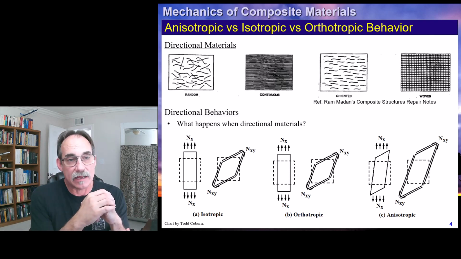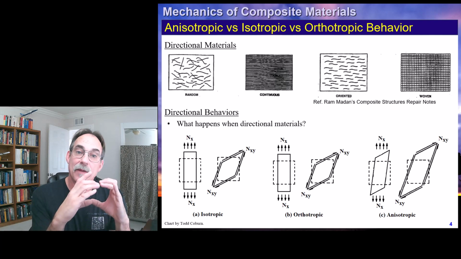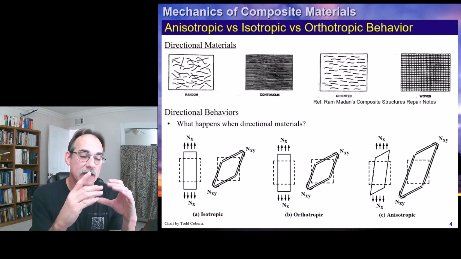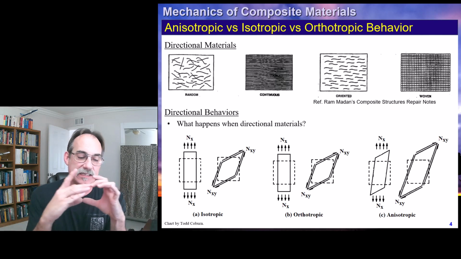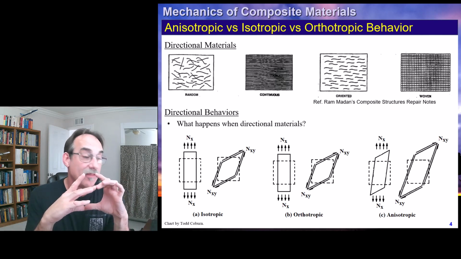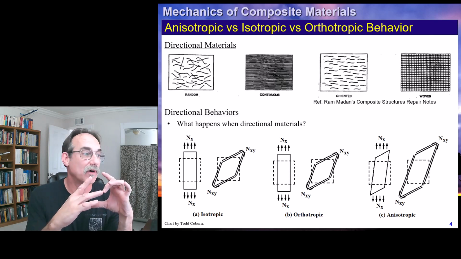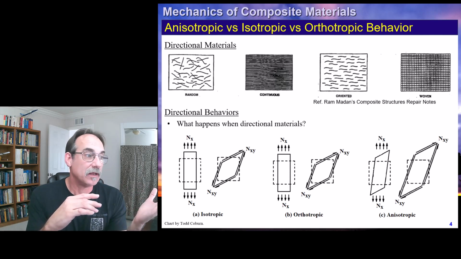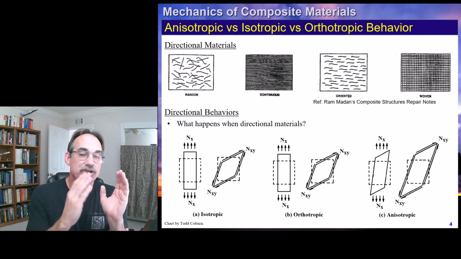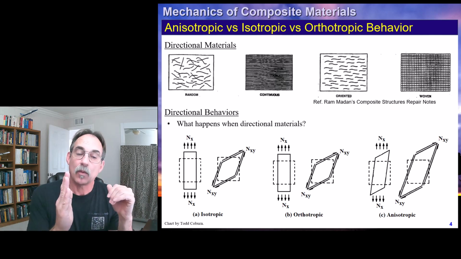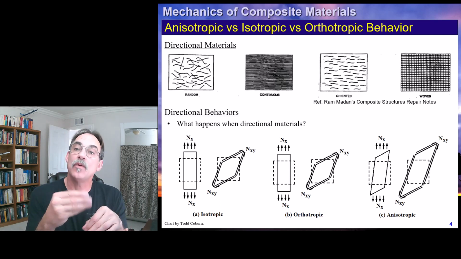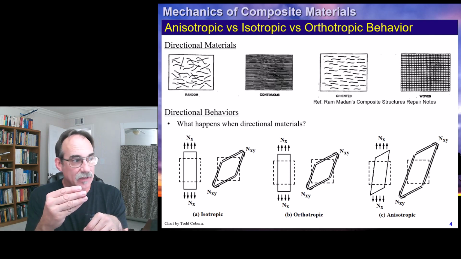In the same way, if we have that isotropic material, a flat plate-like element, we load it in pure shear, it's going to rotate, it's going to kind of slide over, and it's going to follow a very predictable behavior. So if we have shear loads applied, we're going to get shear deflections, shear strains. If we have normal loads applied, we're going to get normal strains and deflections.